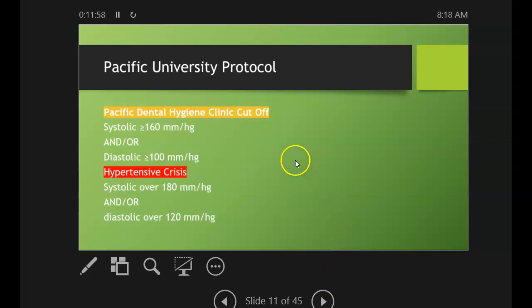Here's a reminder of our protocols. Our cutoff is 160/100 for systolic and diastolic. And what we would do with this one for our cutoff, we would usually walk our patient around, give them a drink of water, take their blood pressure again, have them sit with their feet flat on the floor in a chair, in a regular chair, not just the dental chair.